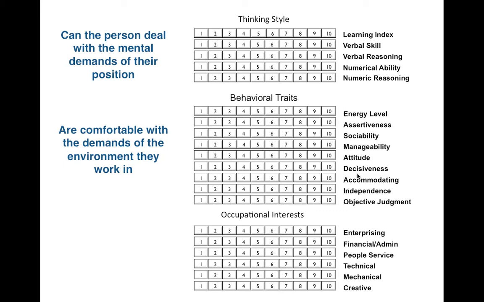Again, this is something we can assess very accurately. There are 9 areas it is useful to know about, and these are presented by 9 scales, such as energy level, assertiveness, sociability, manageability, attitude, decisiveness, all the way to objective judgment.